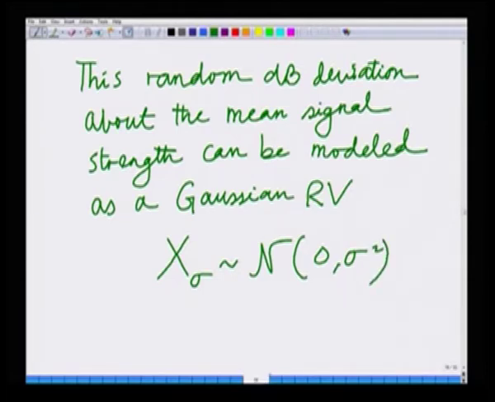What we are saying is that this deviation can be modeled by a Gaussian random variable with 0 mean and variance sigma square.